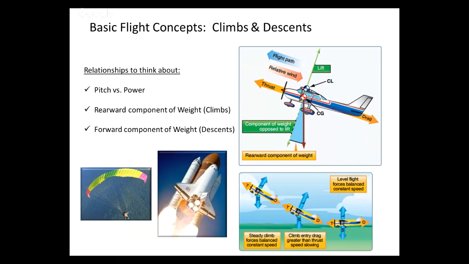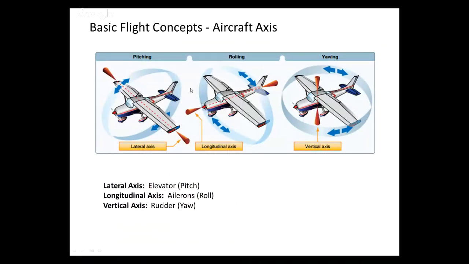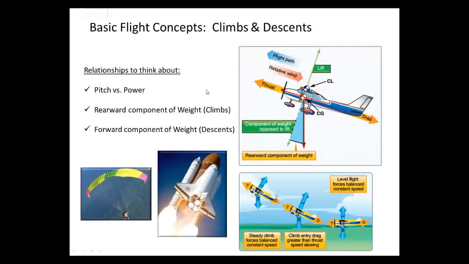Now, you can obviously force it to not climb by holding the elevator, right? Holding the yoke and making sure it doesn't climb. But then the other physical phenomenon will take over and it's just going to want to speed up. So what you'll find, and this will become really obvious when you start your flight training, is that when you're flying along in equilibrium, straight and level flight, if you increase the power substantially, the aircraft's naturally going to want to climb.